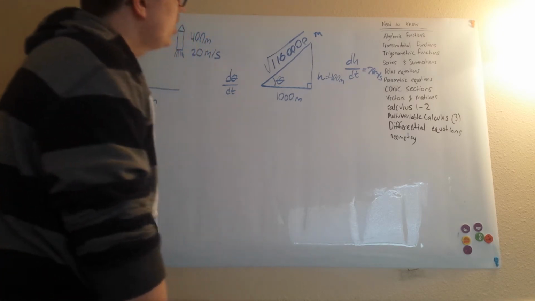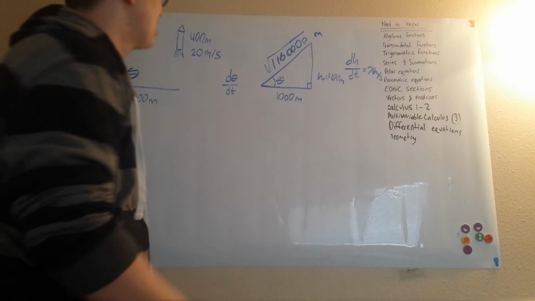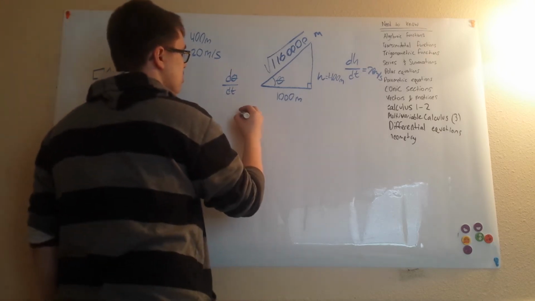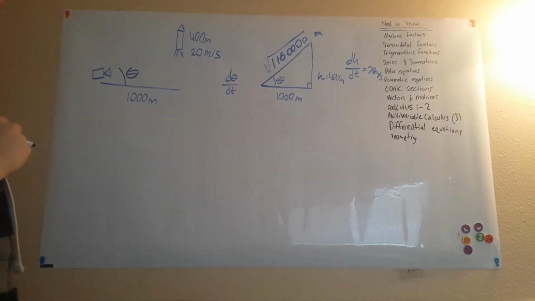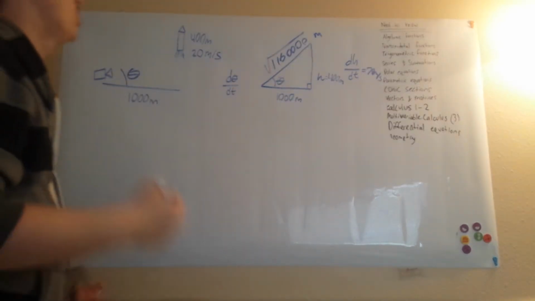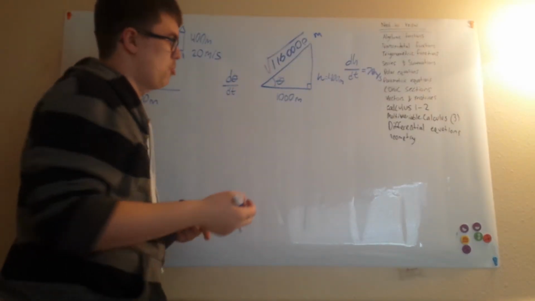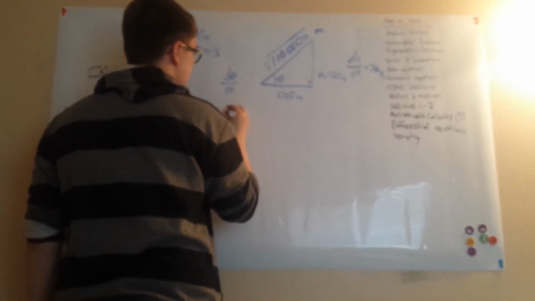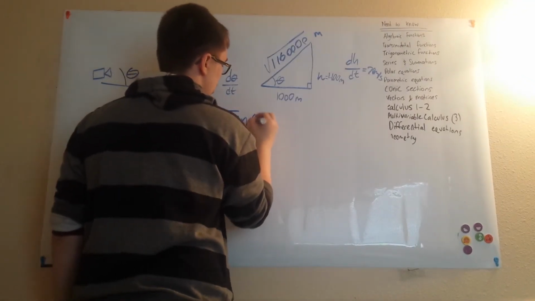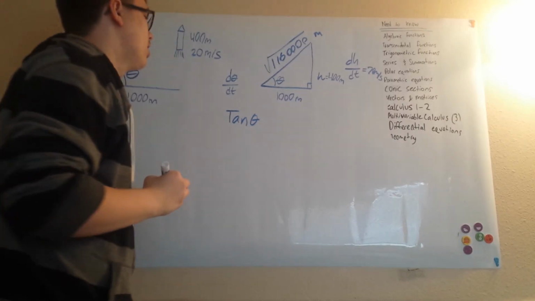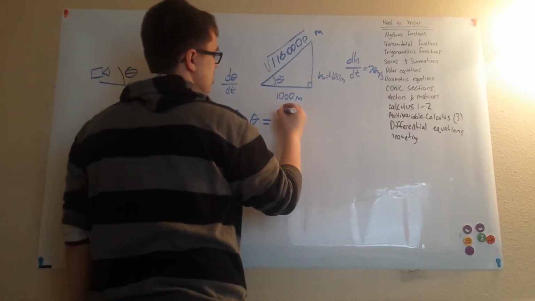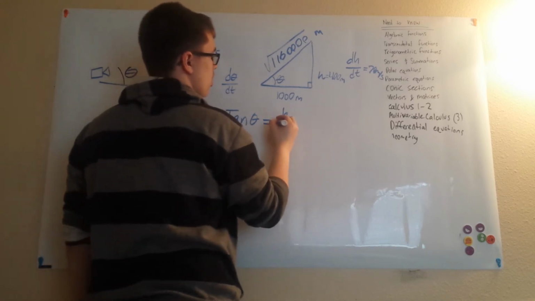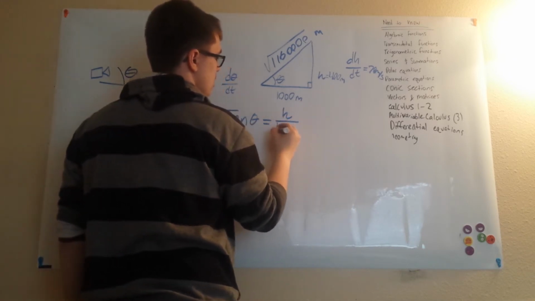So, which one could be easier? Sine? Yeah, sine theta, so we can use opposite over hypotenuse. We can also use opposite over adjacent. I would love to use that one more. So tangent of my angle is opposite h over adjacent.